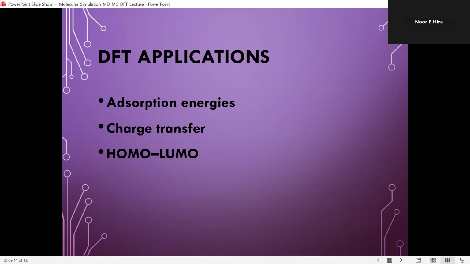Then charge transfer, obviously an electronic level phenomenon. We will discuss charge transfer analysis showing electron redistribution, and HOMO-LUMO analysis, which provides insight into chemical reactivity, which can release an electron and which can accept. Although it is expensive and limited to smaller systems, it provides fundamental electronic insight that complements MD and MC simulation.